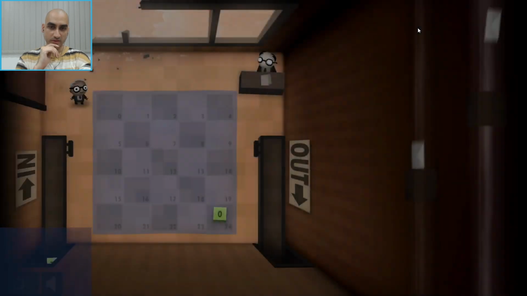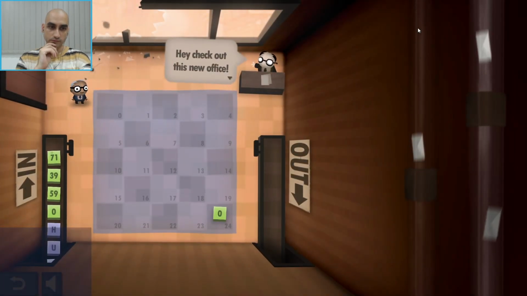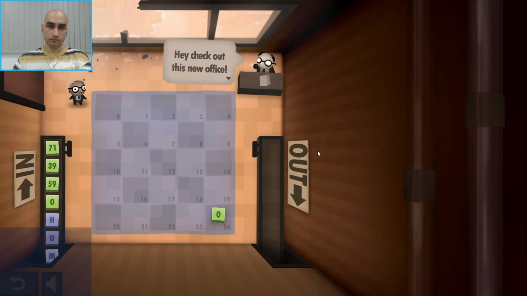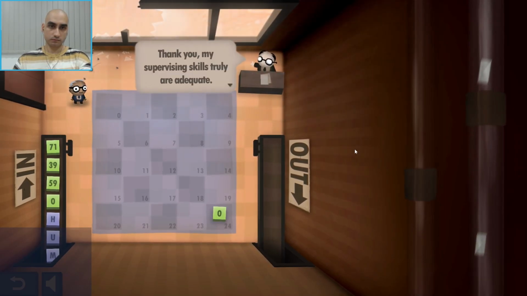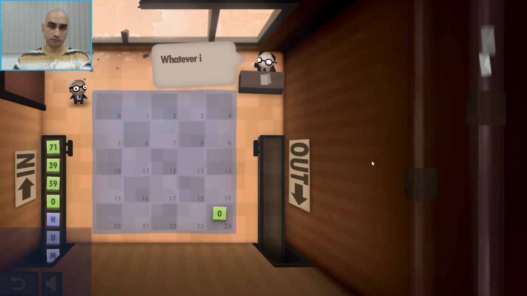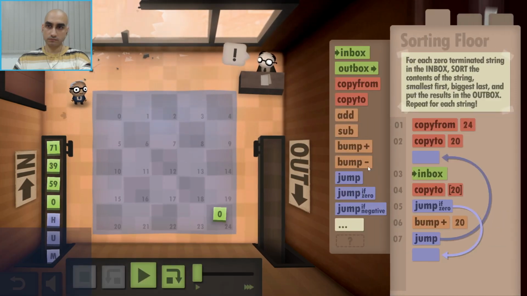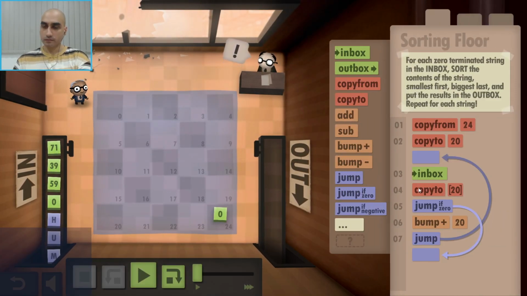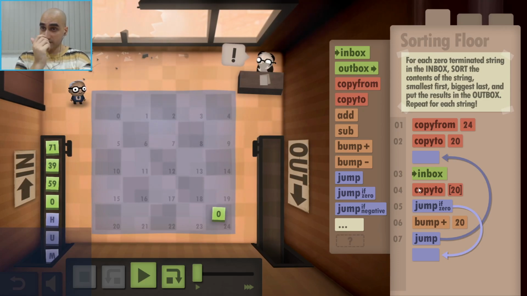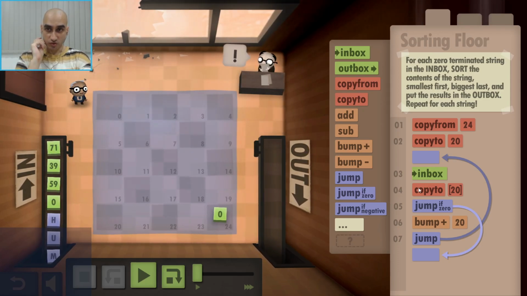Is this the final proper level? For each zero-terminated string in the inbox, sort the contents of the string, smallest first, biggest last, and put the results in the outbox.